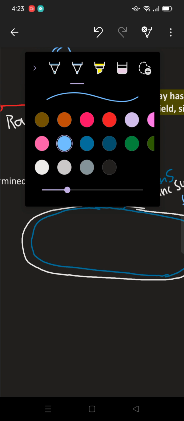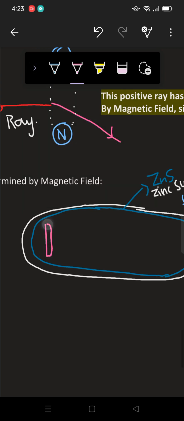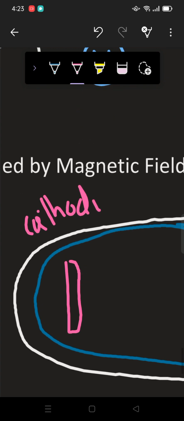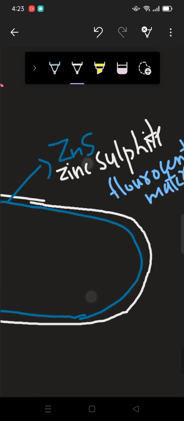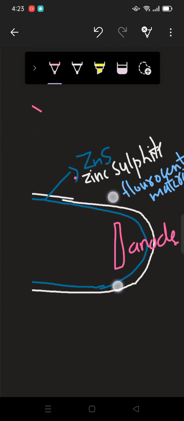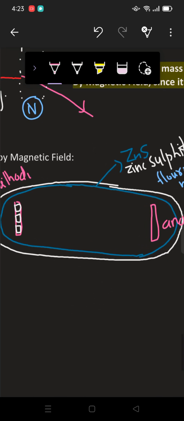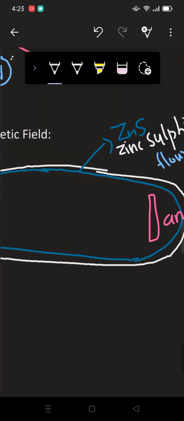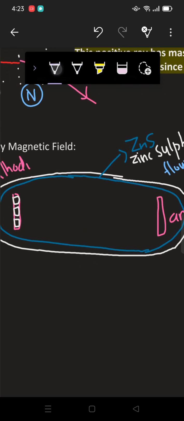Now we know that here we have the cathode, a perforated cathode. So let me write the perforations here too, which means holes. And here we have the anode. Positive rays, we know, are moving from anode to cathode. So I have positive rays, and I'm going to make them in red color.